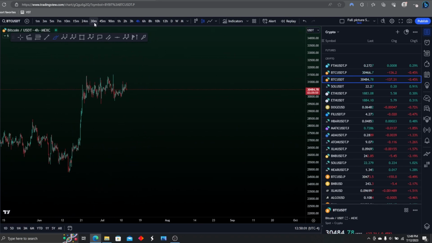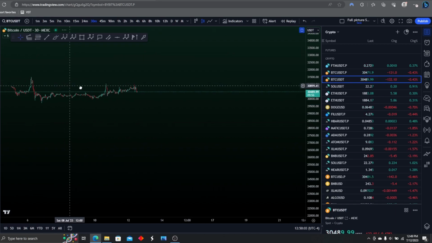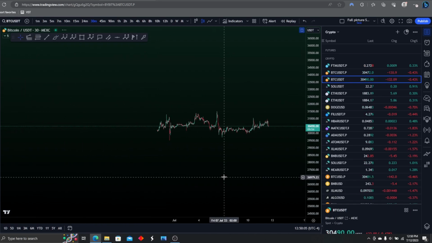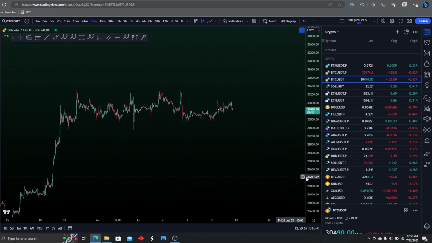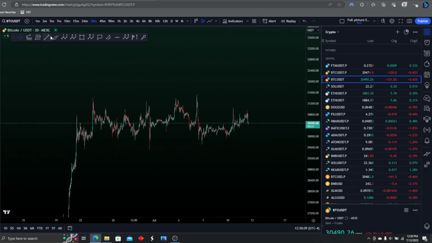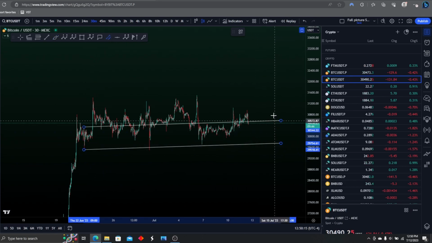Let me zoom in on this structure and I'll kind of map it out for you, how that would look. So, I got a channel here.